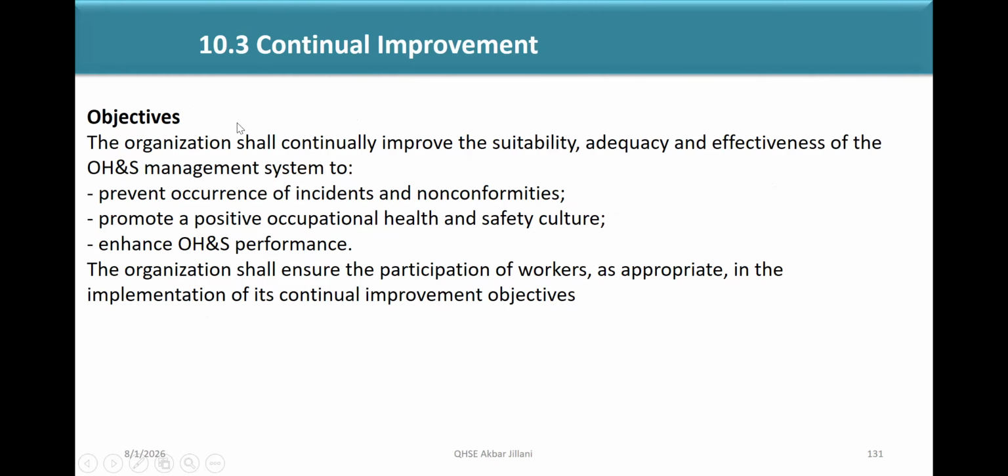Continual improvement. Now we came to continual improvement. Before this it was continuous improvement, but now continual. Objective: the organization shall continually improve the suitability, adequacy, and effectiveness of the OHS management system to prevent recurrence of incidents and non-conformities, promote a positive occupational health and safety culture, enhance OHS performance.